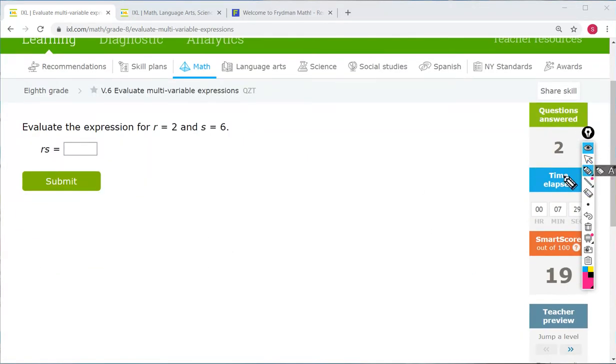Okay, now here we see that the R and the S are right next to each other. That means we are multiplying them. So we just plug in, R in this case is 2, S is 6, so you could write a multiplication symbol there.